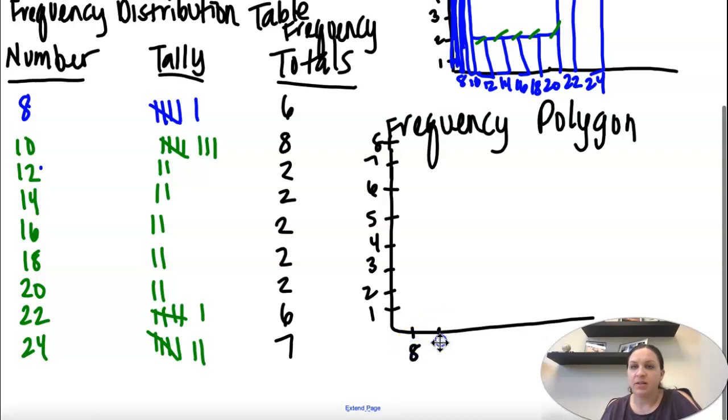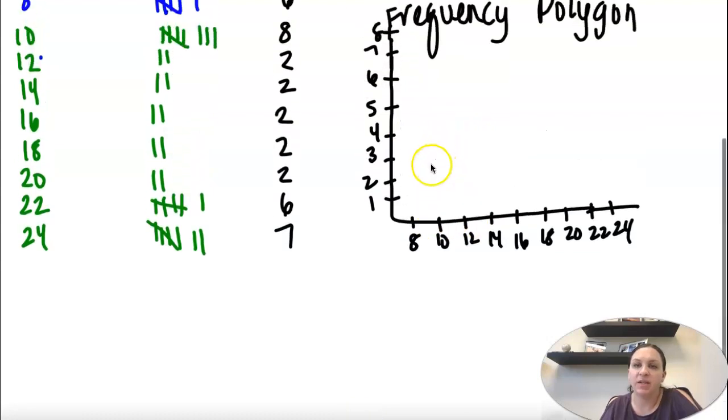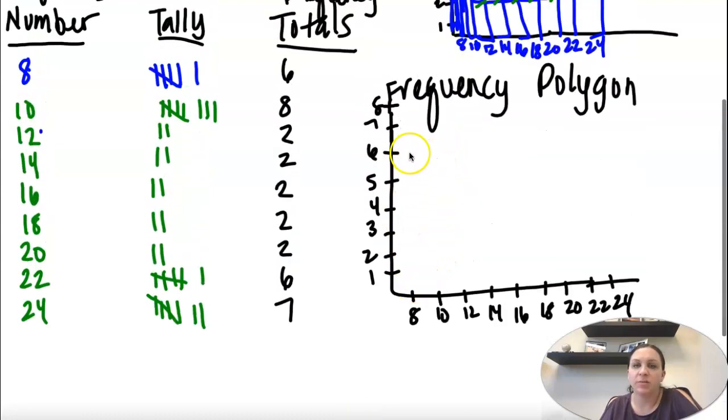So 8, 10, 12, 14, 16, 18, 20, 22, 24. But now I'm going to just make some tick marks or some lines where my numbers are.